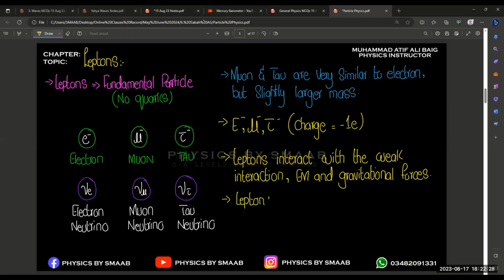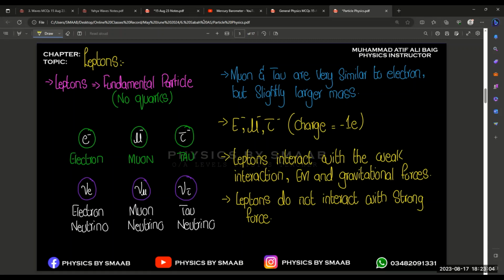So leptons do not interact with the strong force. Quarks interact with the strong forces like the nuclear force, because electrons are moving around the nucleus.